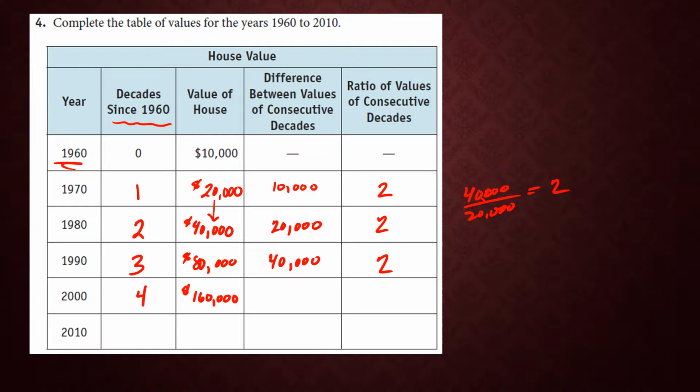The difference between these two is 80,000, but the ratio is still 2. Then 1 decade after that, 5 decades since 1960, it's worth 320,000. The difference there is 160,000, and the ratio, 320 divided by 160, is still 2.